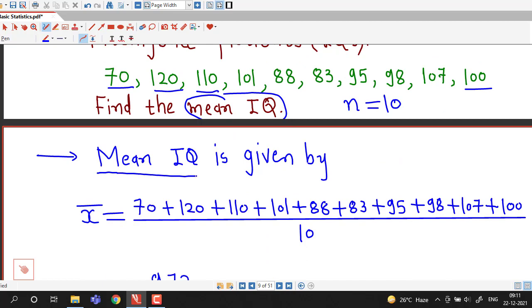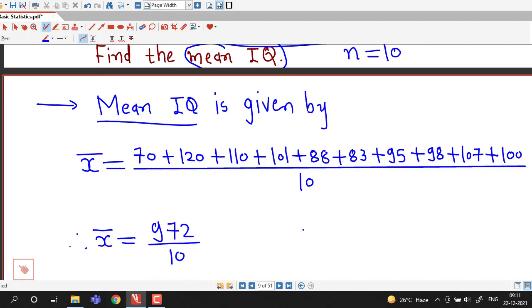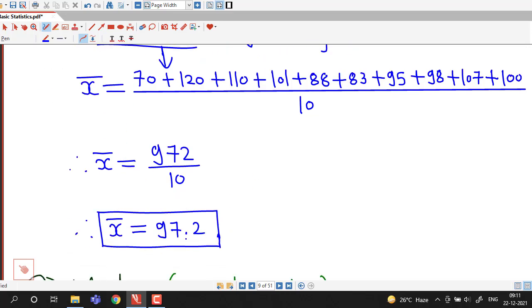Mean intelligence quotient is given by x bar equals, in the numerator the sum of all these values, which is 972, divided by 10, that is 97.2. So this is the sample mean. It is very easy to calculate the sample mean.